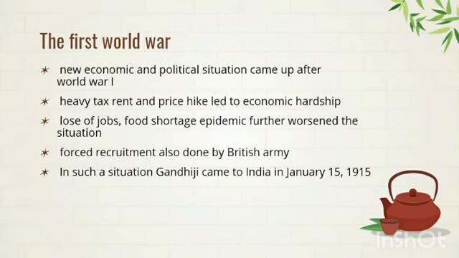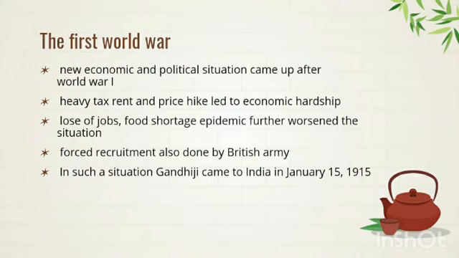Right. Next, the First World War. The First World War created a new economic and political situation worldwide. Increasing taxes, increasing prices of food grains, heavy rents, etc. led to extreme hardship for common people. So, the forced recruitment in the army caused widespread anger. After the war, Indian industries faced heavy losses.